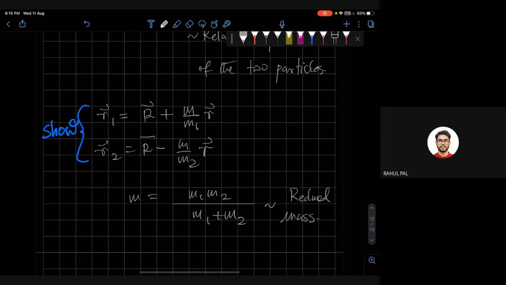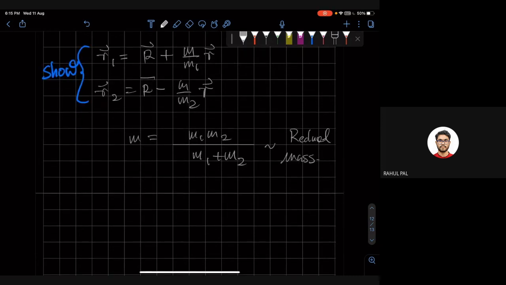As you see, if one of the particles, say M1, has infinite mass, for example the Sun, which is a good approximation in comparison with the Earth, then M will become just M2.